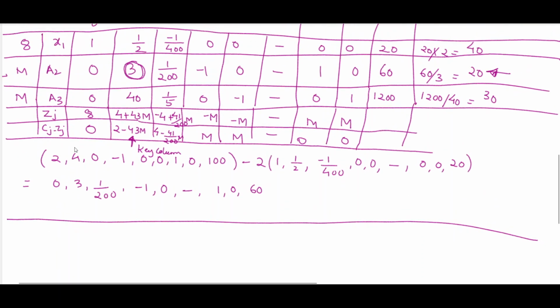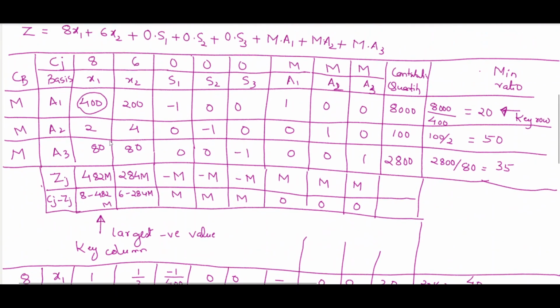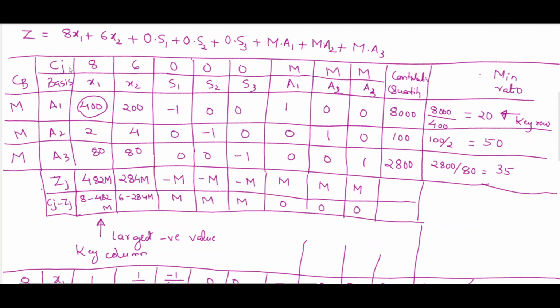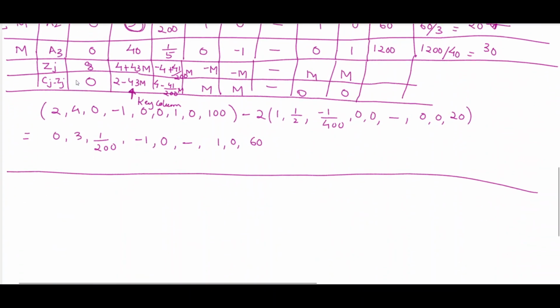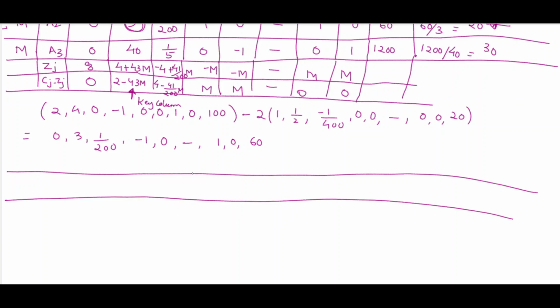When you are working out the problem on the next page, every time you have to make this column CB and CJ. As I am only using a single page, I am scrolling it back and not drawing it, but next time you have to draw it so there won't be any error. So let me draw it now.